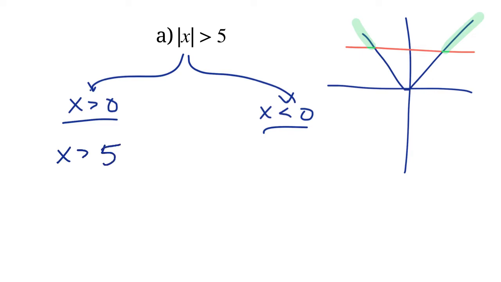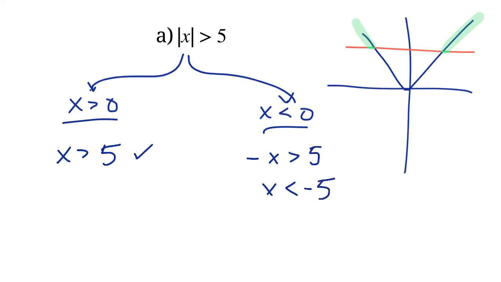When it's less than 0, the negative version is negative x is greater than 5. This first one is already solved for us. In the second, the negative goes on the other side, so we divide by -1, but when we do that, we have to also switch the sign.